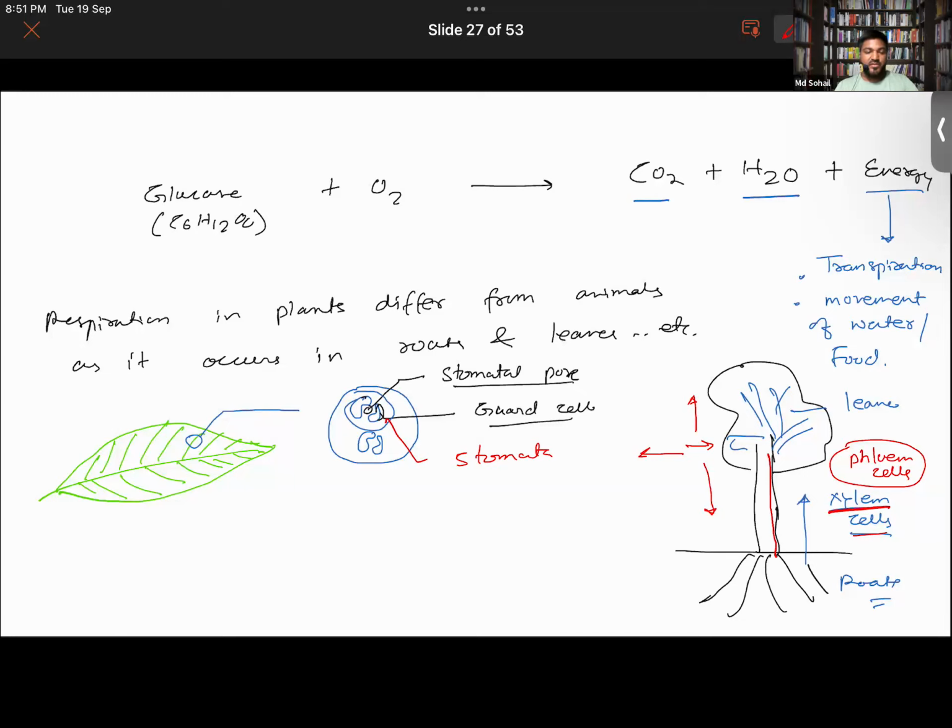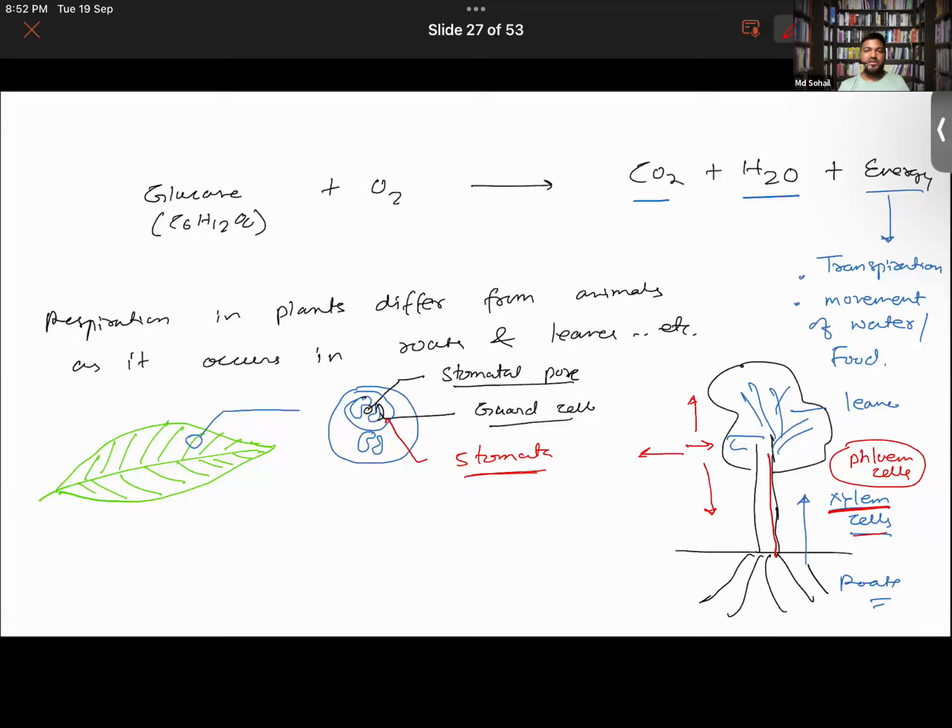Now here, what happens? In the majority of plants, the stomata is present on the upper side of the leaf. It's not beneath the leaf.